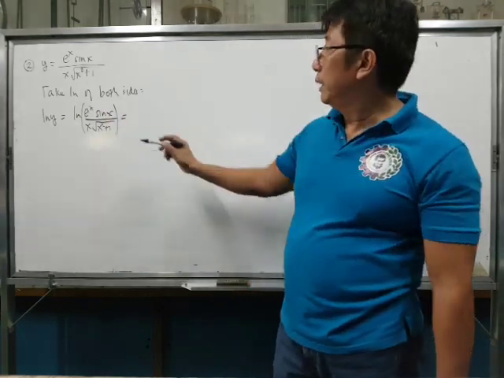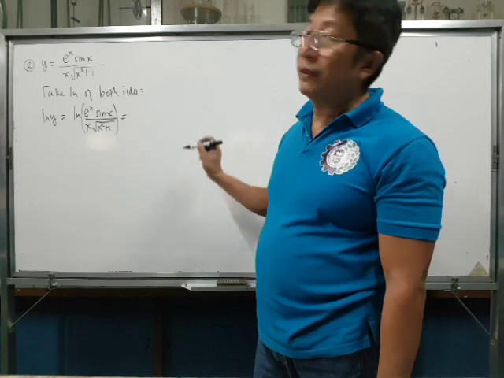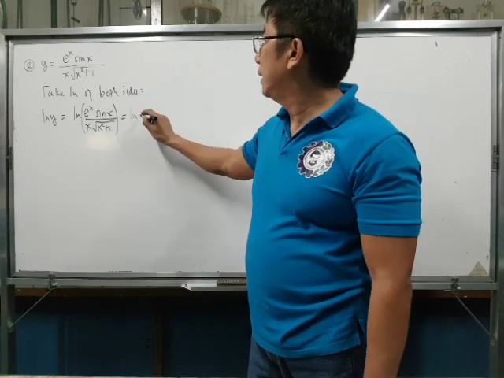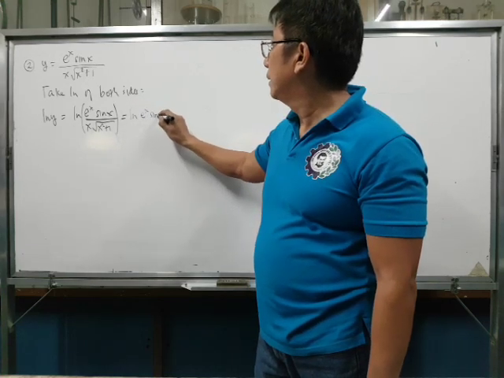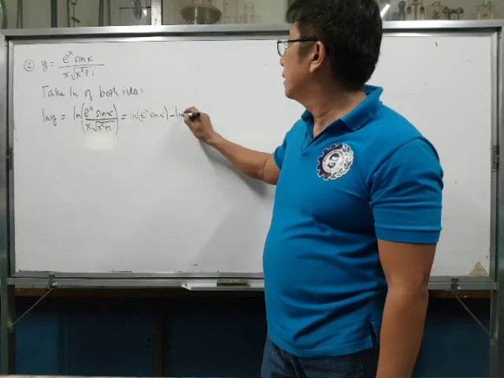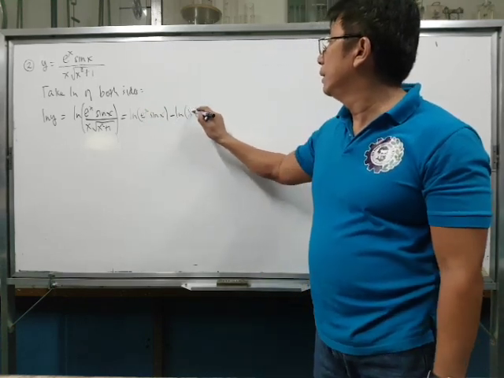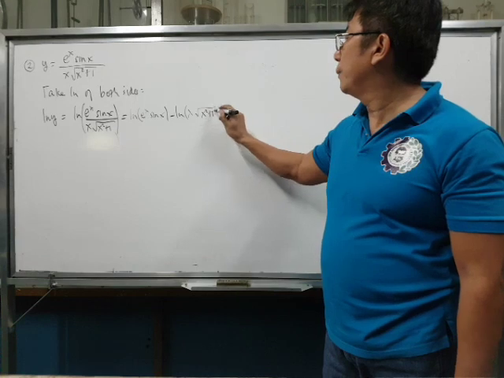And we have logarithm of quotient is difference of log. So this is ln of e^x sine x minus ln of x square root of x squared plus 1.